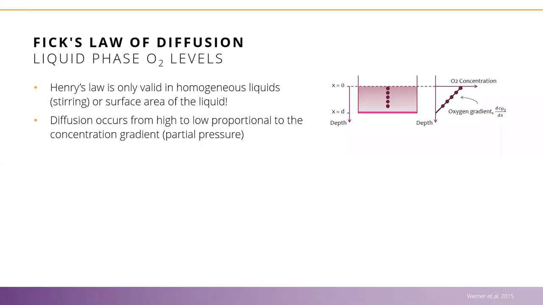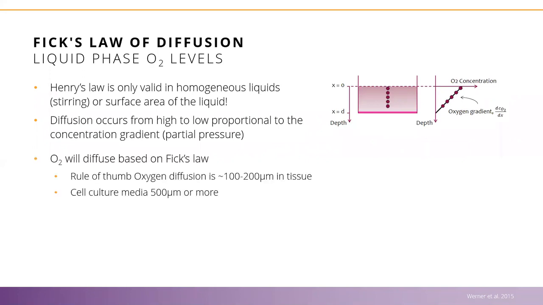So normally, Fick's law of diffusion states that diffusion occurs from high to low, proportional to the concentration gradient. O2 will diffuse based on Fick's law, and for simplicity's sake, as a rule of thumb, you can state that in tissues or in media, your normal passive diffusion range would be 100 to 200 micrometers.